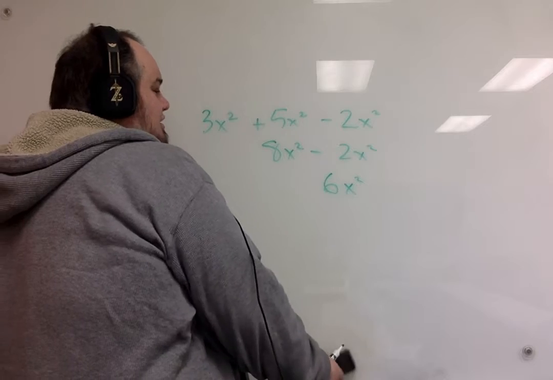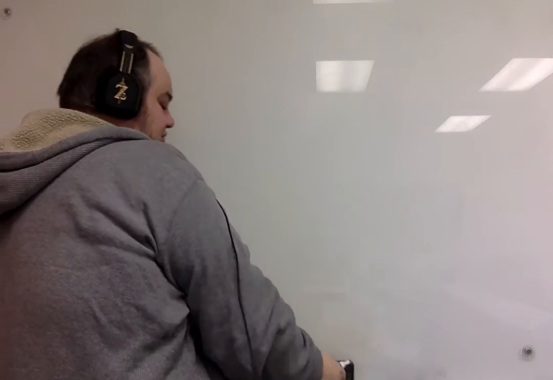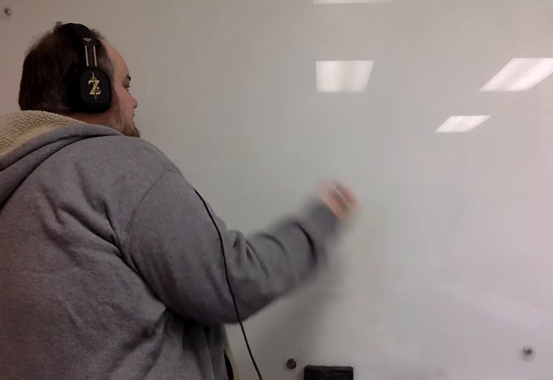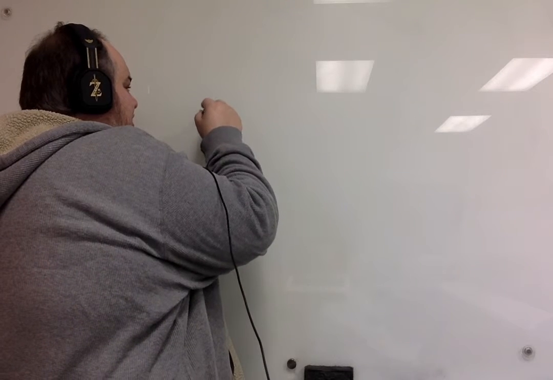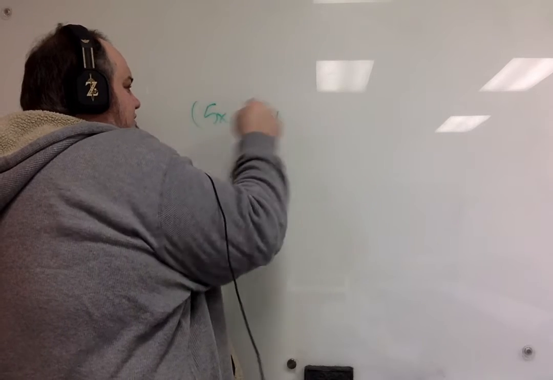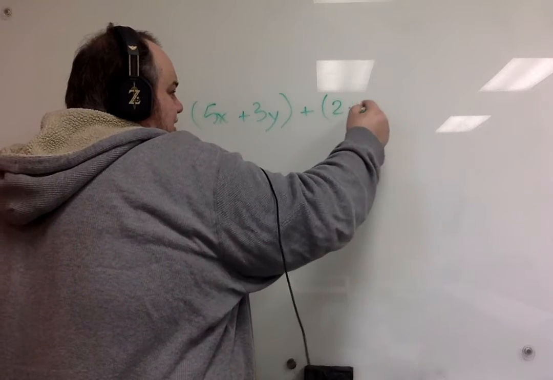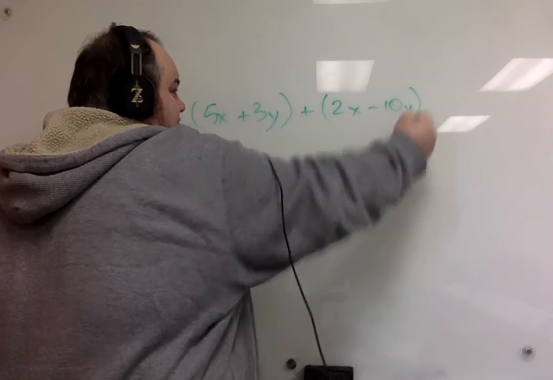Now, not all of the polynomials will just be a single term like those. So you might have a polynomial here, let's say 5x plus 3y, and then another polynomial here that you're adding, 2x minus 10y.